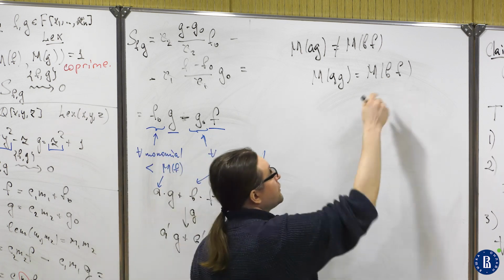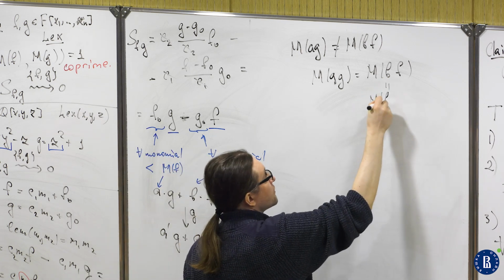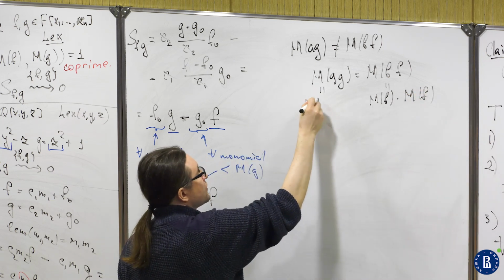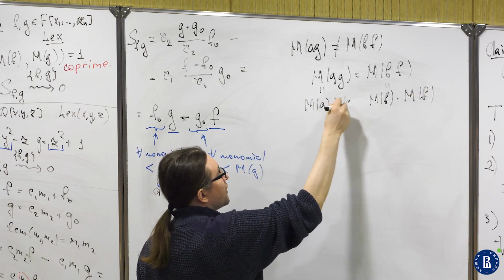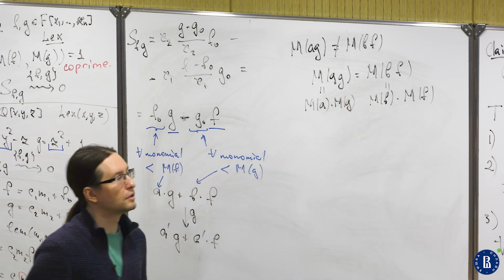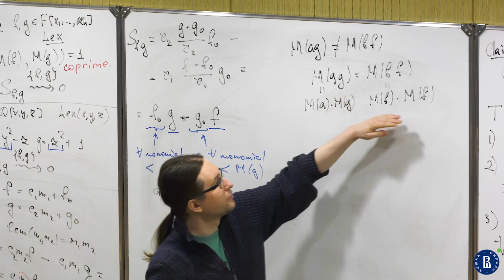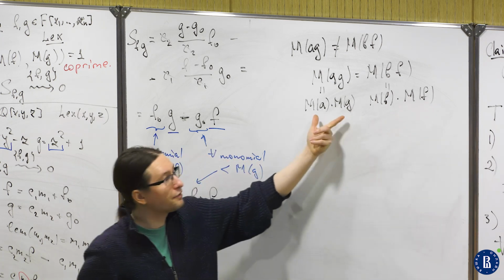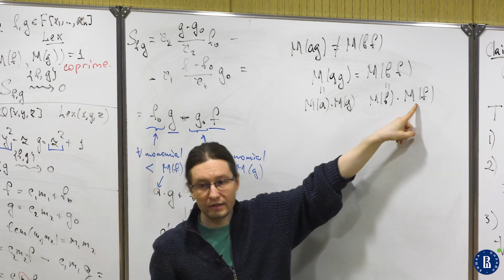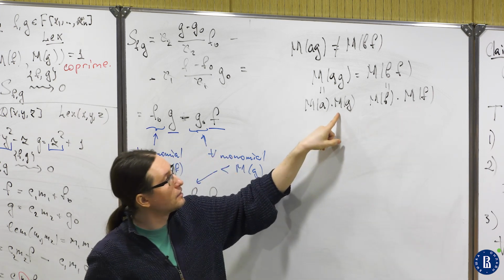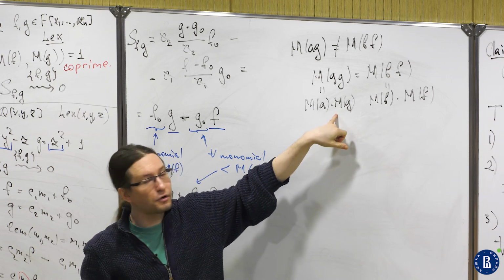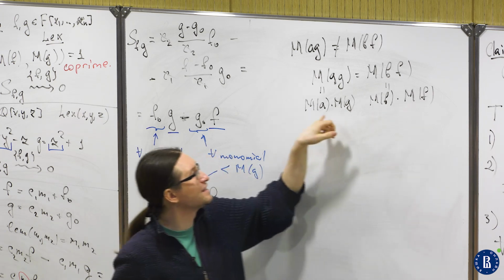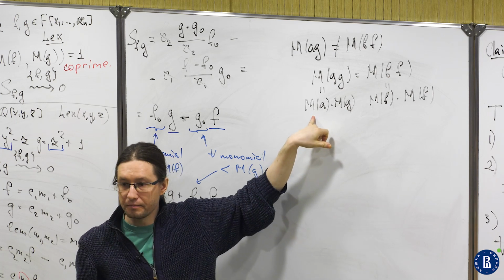But the leading monomial here is the product of the leading monomials of B and F, and the leading monomial here is the product of the leading monomials of A and G. Now, the right-hand side is divisible by the leading monomial of F, so the left-hand side is also divisible by the leading monomial of F. But the leading monomial of F and the leading monomial of G are coprime. So that's why the leading monomial of F must divide the leading monomial of A.